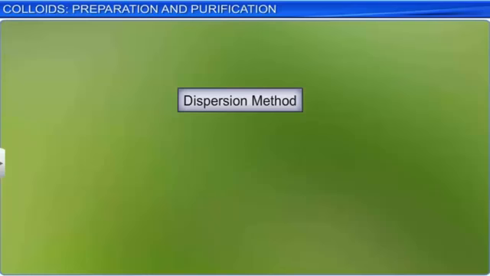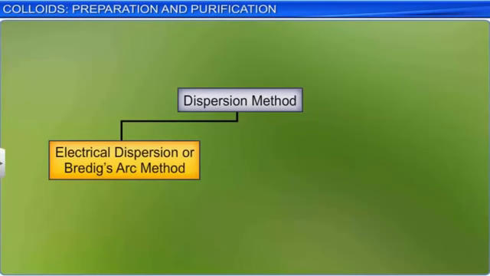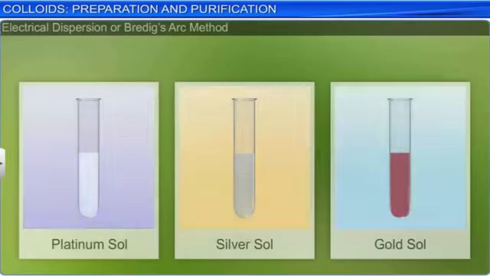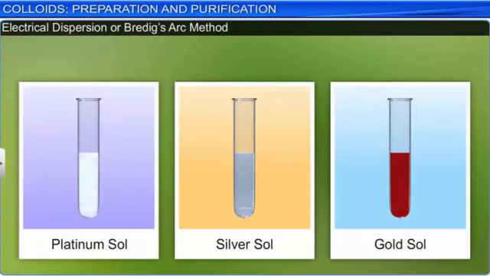The two common dispersion methods are electrical dispersion or Bredig's arc method and peptization. Let us discuss electrical dispersion or Bredig's arc method first. This method is commonly used to prepare colloidal solutions of metals such as platinum, silver, and gold.